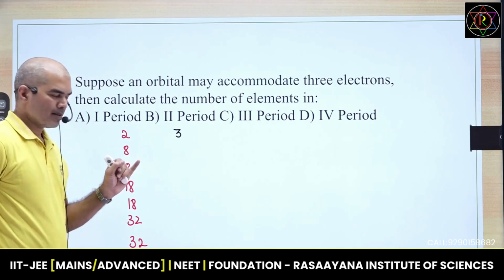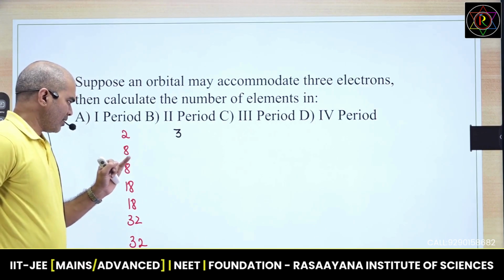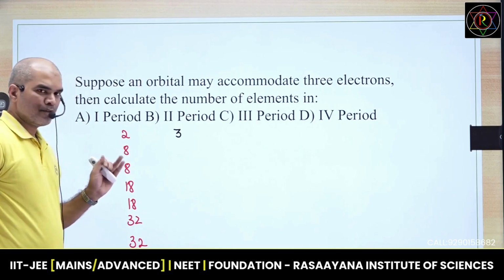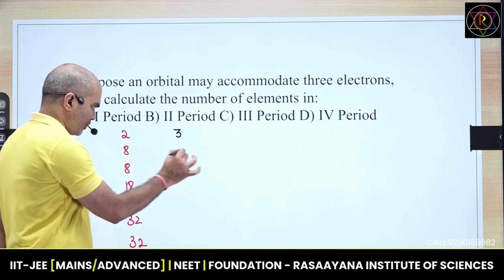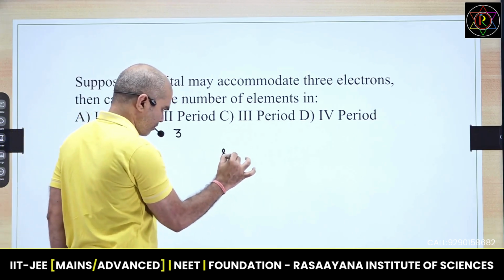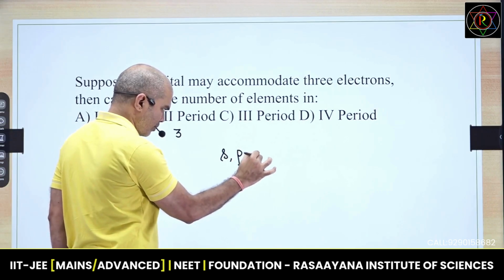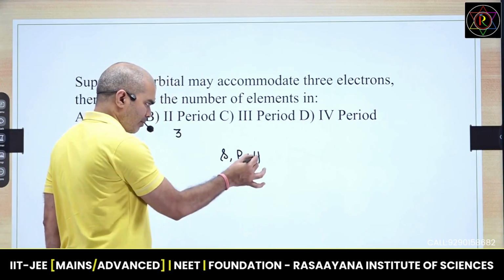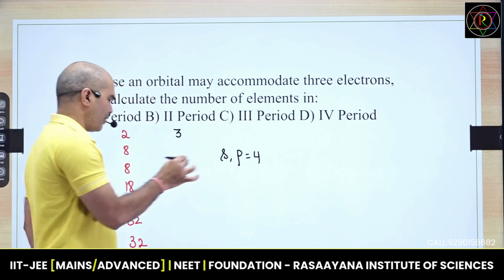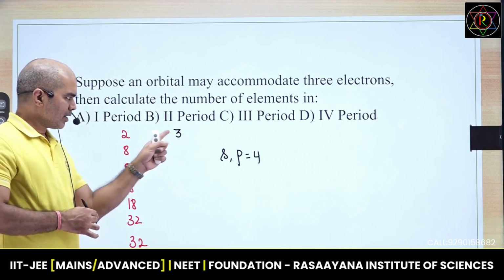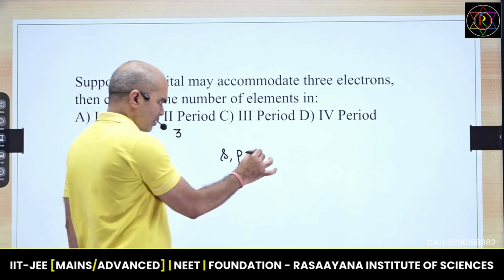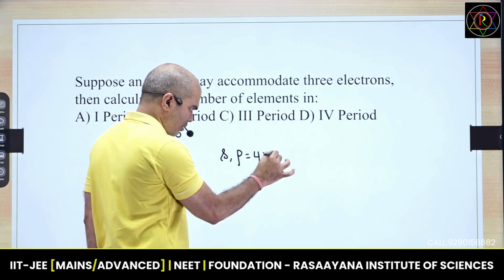Next, in the second and third period we have s and p subshells. So s and p would become 4 orbitals. Each orbital will accommodate 2 electrons. Therefore we have 8 elements in the second period and third period. Now if they are accommodating 3 electrons, so 4 into 3, 12 electrons.